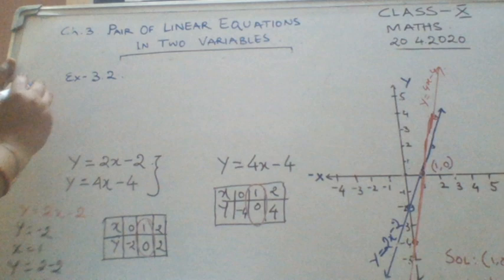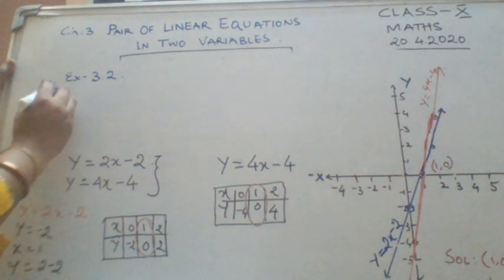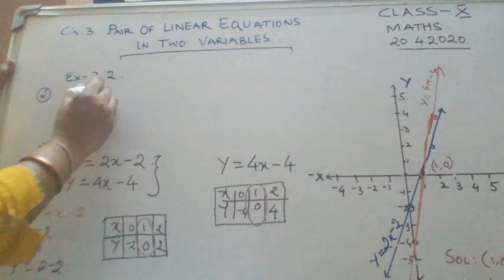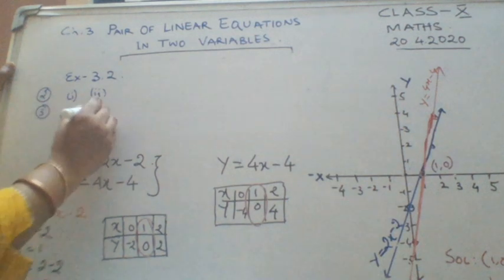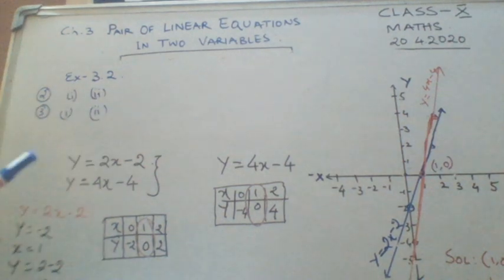I want you to do the second question, first and second parts. And question number 3, you do same, first and second. This again we will do tomorrow, and you check it with me. We will find out these solutions in tomorrow's class.